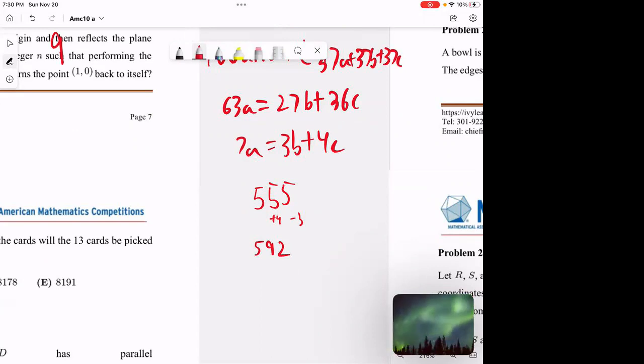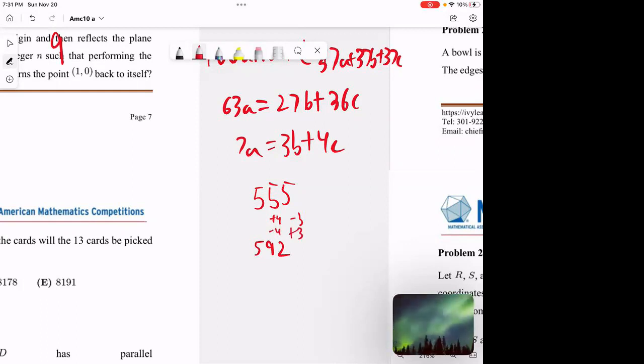Yeah, because we're adding 4 to this one and subtracting 3 from this one. So that cancels out because 3 times 4 is 12, negative 3 times 4 is negative 12. So that cancels out, which still gives us 5 times 7, 35. And you can confirm this: 9 times 3, 27, plus 8 is equal to 35. So we can add 4 and subtract 3, or we can subtract 4 and add 3.